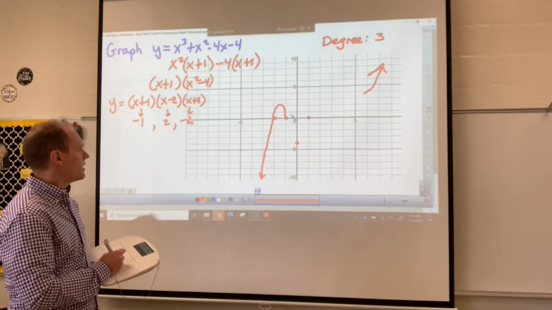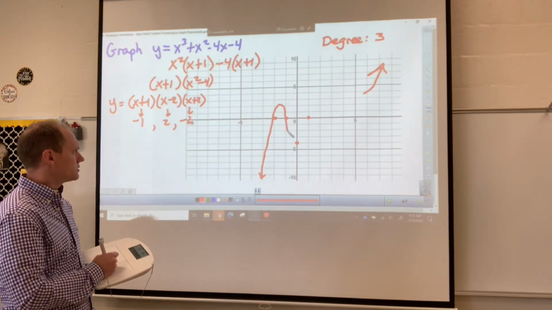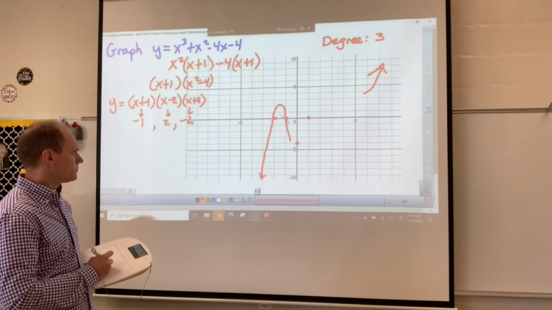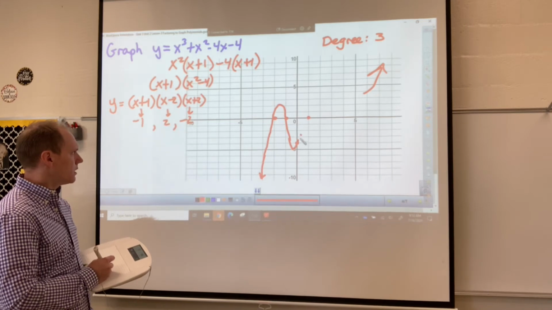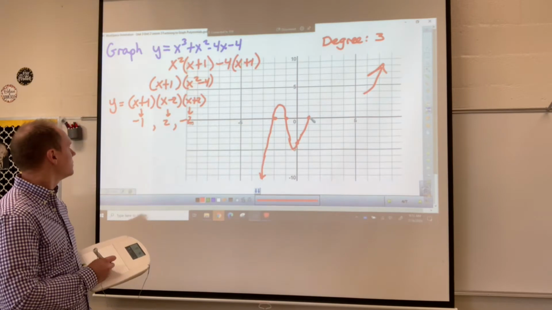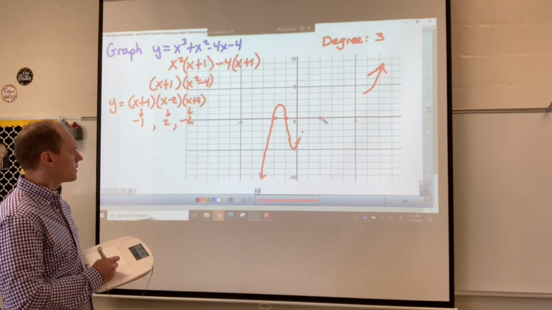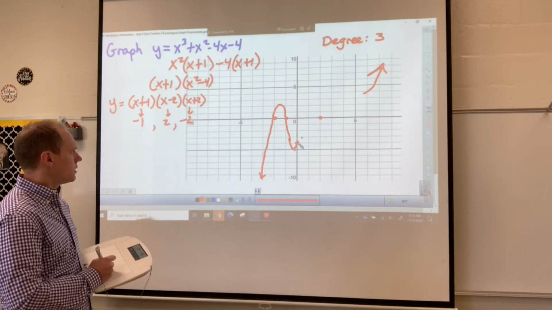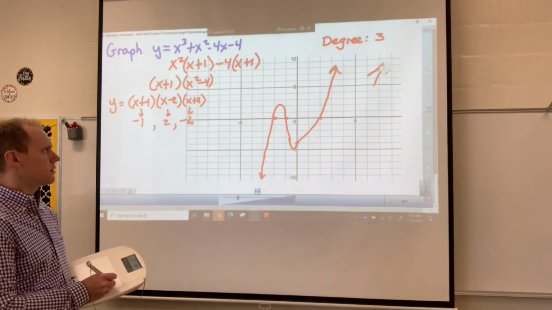We just know that it goes back down through this point of -1, and then at some point it's going to go through this y-intercept and back up through our last x-intercept here. This should be moved over one, shouldn't it? It's going to go up through there and finish going up to the right.